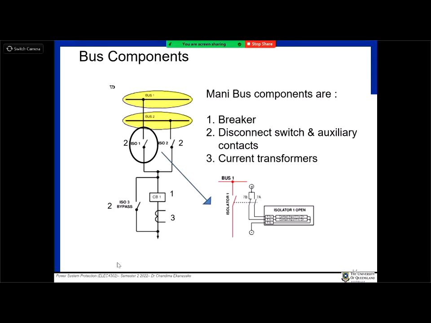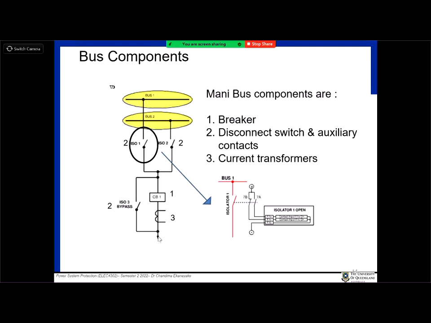Sometimes if you want to do some maintenance of the circuit breaker, you need to use that one, right? You need to short circuit it, so that you may still be able to divert the power. You take the breaker out of operation, and then you short circuit this. So there are these sort of different configurations.